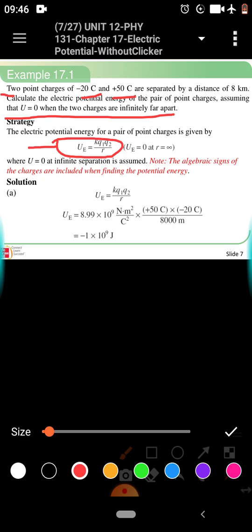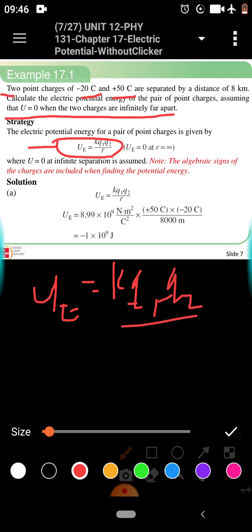Now you know the equation of electric potential energy, which is k Q1 Q2 over R, and we are given the charges. Remember, you put the charges in as they are. This was positive 50, and this was negative 50.